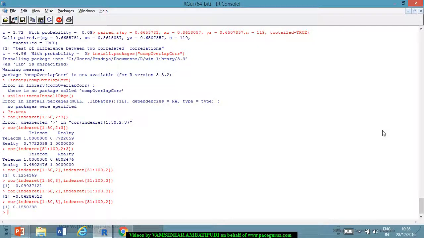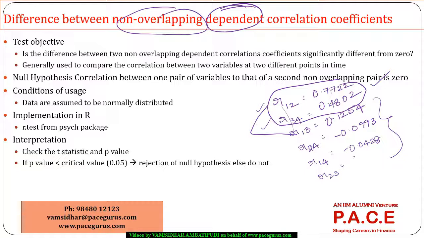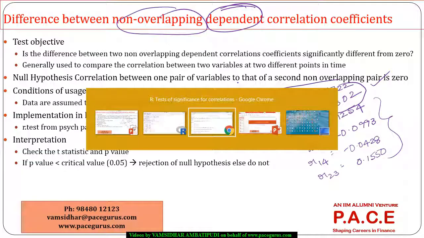In this case, it's coming out to 0.155. So these are the inputs that I have to give to compare the relationship between the telecom and the reality in the first 50 months versus the relationship between the telecom and the reality in the next 50 months.